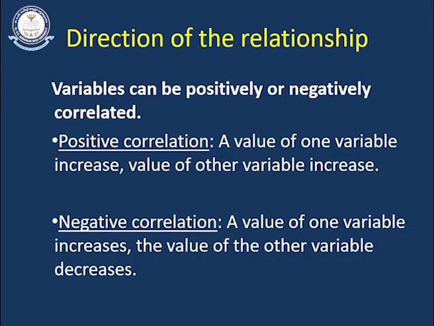That is the direction of the positive correlation. The other one, which is quite contrary and opposite to the positive correlation, is the negative correlation. What is negative correlation? The value of one variable increases, the value of the other variable decreases. So you can clearly see that through the example that we are going to have.